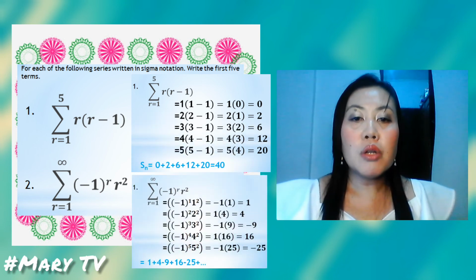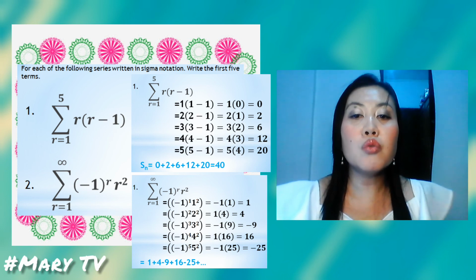For r equal to 1, negative 1 raised to 1 times 1 raised to 2, which is negative 1 times 1, is equal to negative 1. For r equal to 2, negative 1 raised to 2 times 2 raised to 2, which is 1 times 4, is equal to 4.